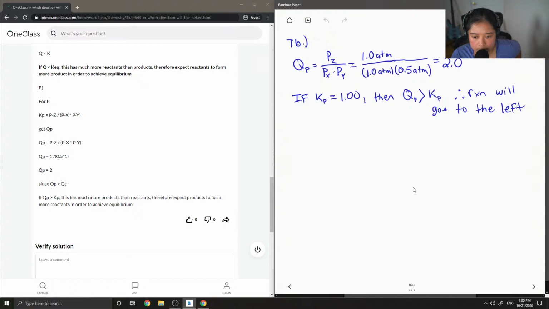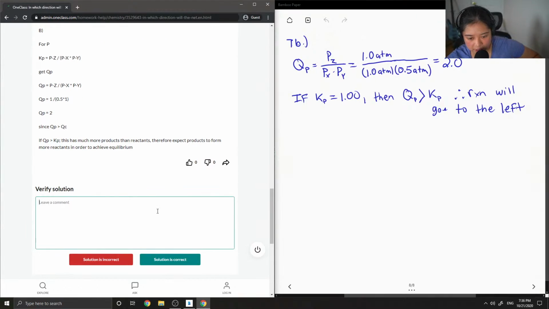So QP is greater than KP. This has much more products than reactants. Therefore, expect products to form more reactants in order to achieve equilibrium. So the reaction will go to the left.